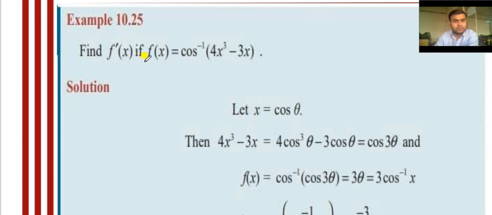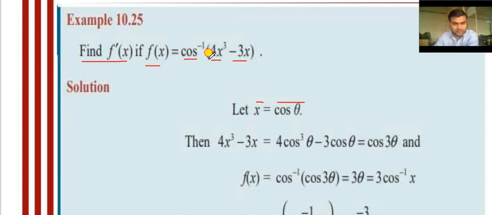If we have given f(x) is equal to cos inverse of (4x to the power 3 minus 3x), and we have to find f dash x. So we put x is equal to cos theta.